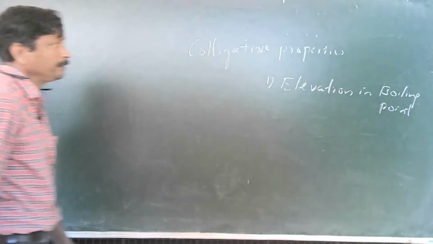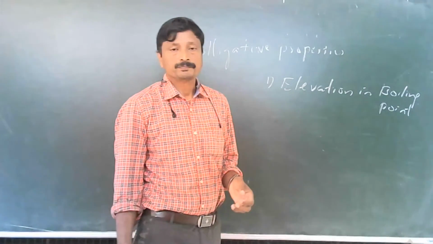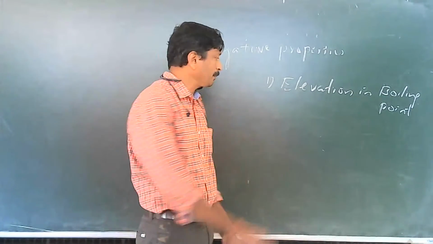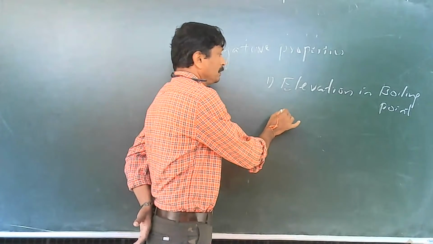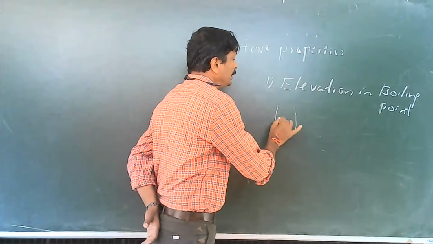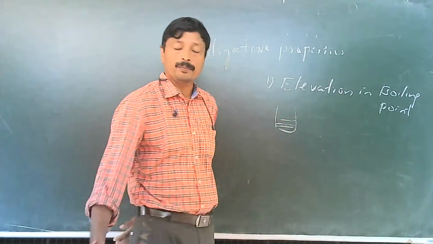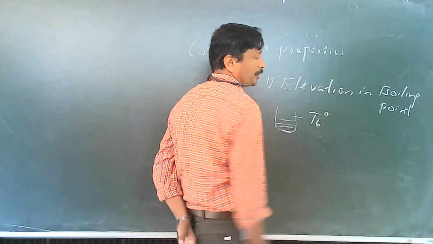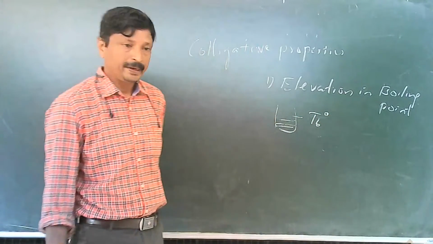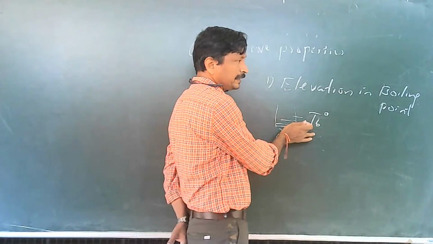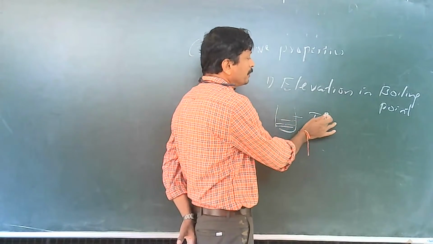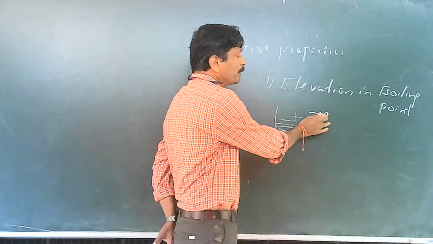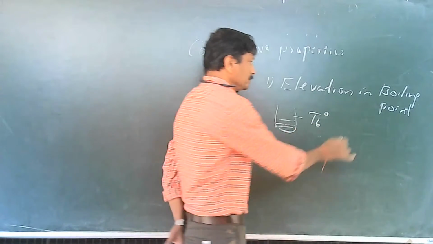Already yesterday we started. What is the boiling point? Suppose you have water, pure water or any solvent. Its boiling point we call Tb0. Yesterday I told what the boiling point temperature is. This represents the pure solvent.